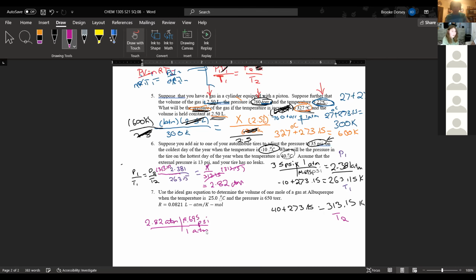Perfect. 0.6595. I like to use all the decimals because I'm extra like that. Then we multiply across the top, divide by the bottom. What do we get? 41.58... 18. So that is 41.18 PSI.